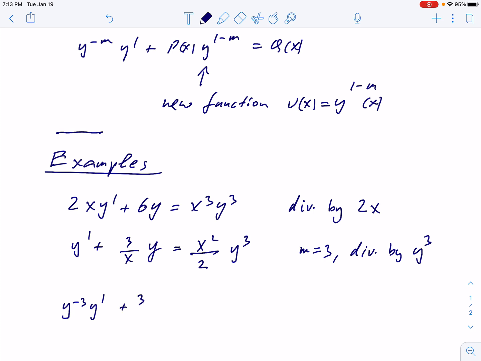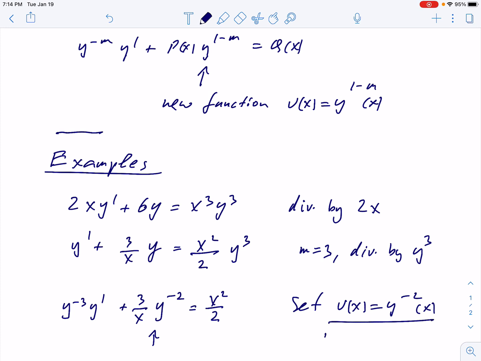Then we have 3 over x times y to the negative second power, and this equals x squared over 2. Okay, so we look at the middle term and we introduce a new function v(x) to be y to the negative second of x. This is our new function.